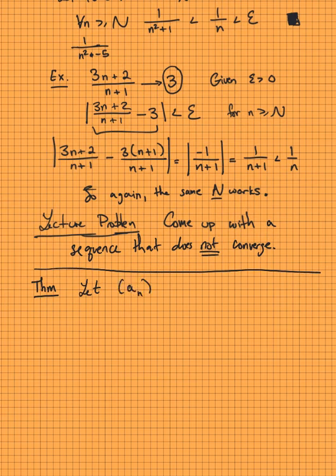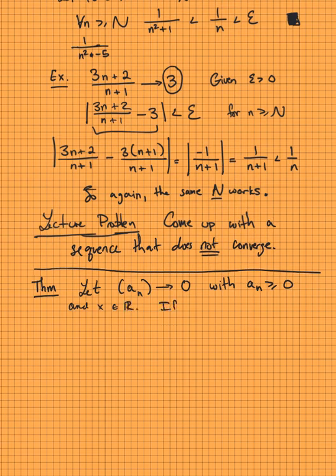So the theorem is let a_n converge to 0. So you can think this is supposed to generalize 1 over n in the past examples. For simplicity, I'm going to assume that a_n is greater than or equal to 0, and x in R.